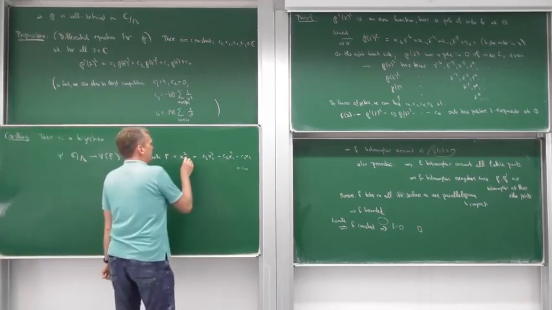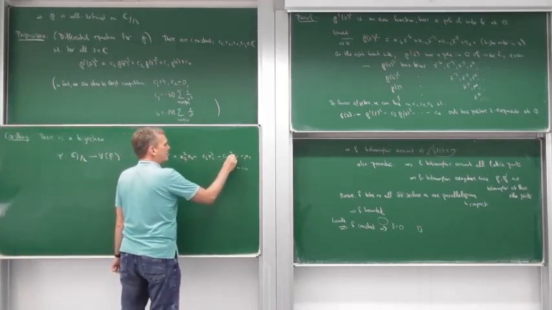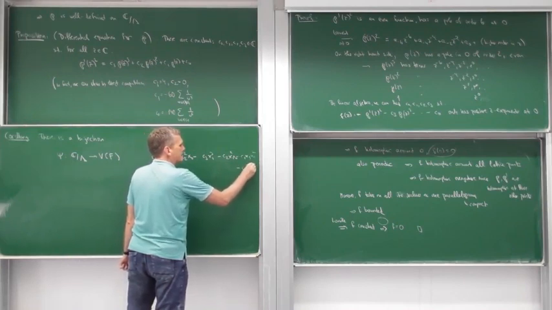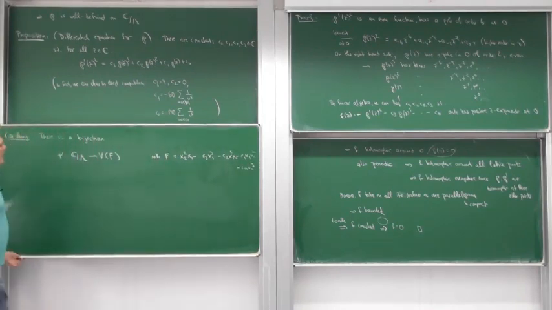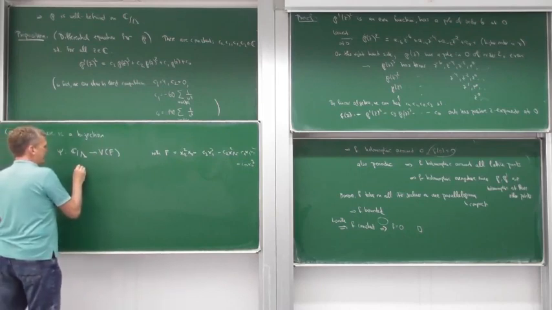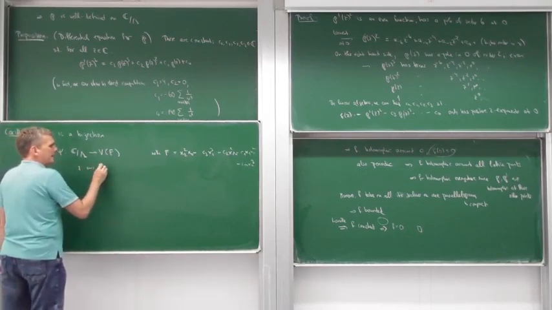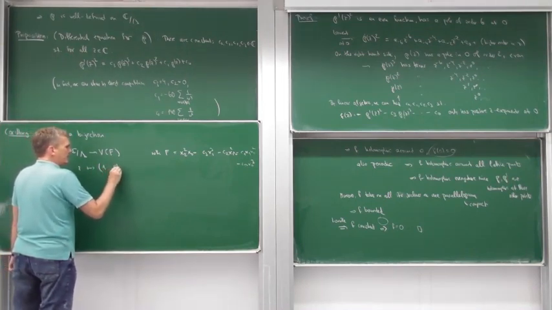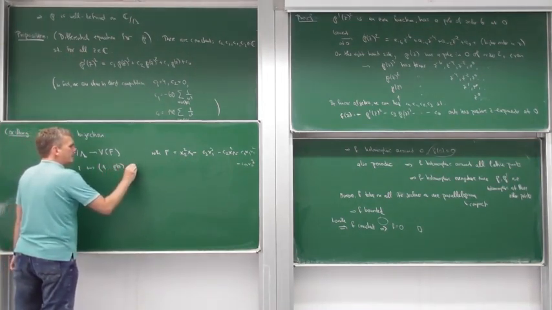Right? So that means here we need an x0, here we need an x0 squared, and here we need an x0 cubed. And the map is just sending a point z to 1 in the x0 coordinate, p of z in the x1 coordinate, and p prime of z in the x2 coordinate.